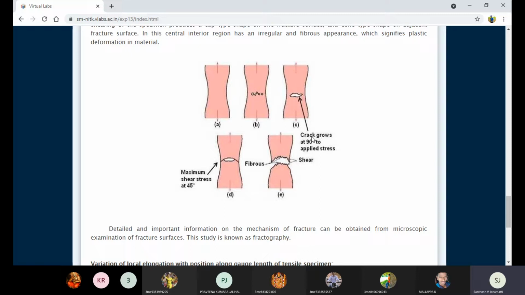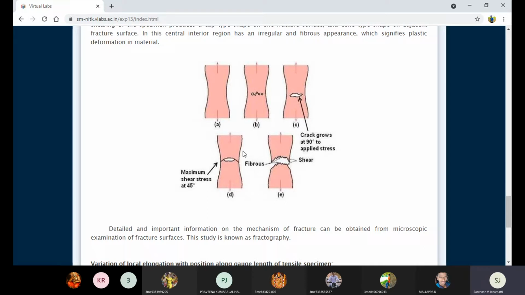Here we can see the crack grows at 90 degrees to the applied stress. As our load increases, the micro cracks or micro holes combine together and we get the big crack.